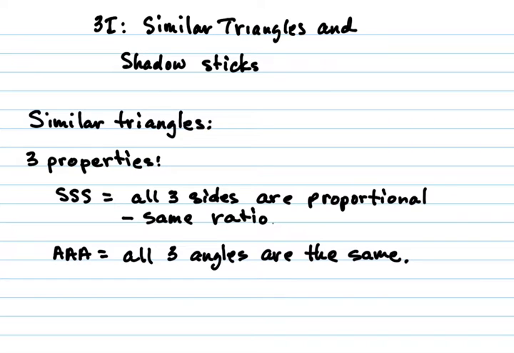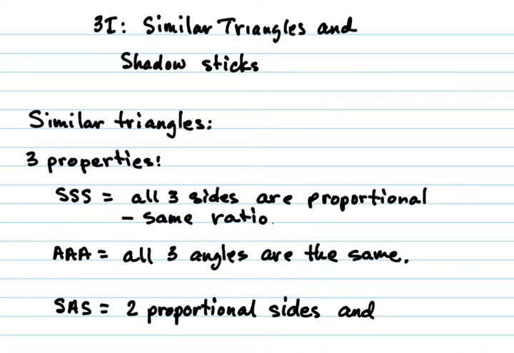Okay. And finally, the last one, which is the one that's most common because you have to do a little more work, is side, angle, side. Okay? That's 2 proportional sides and the angle between them.